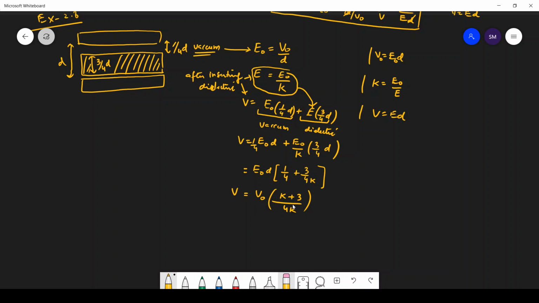So tell me, does this V increase or decrease? For that we need to know which one is greater. K plus 3 or 4K? Obviously 4K. So this value will be lesser than 1, because you are multiplying K here with 4.